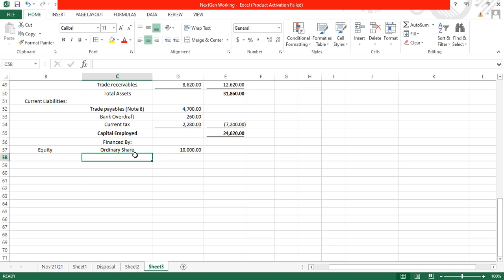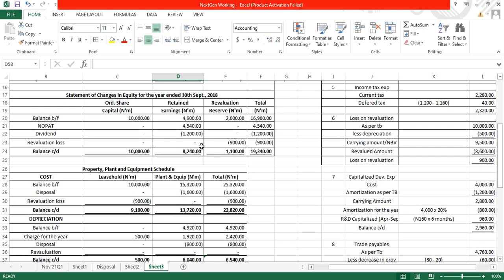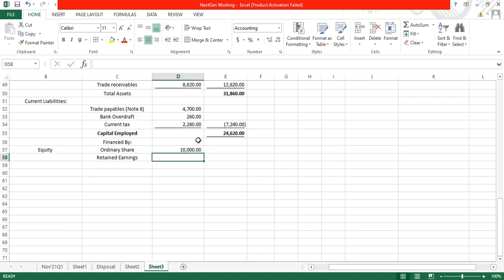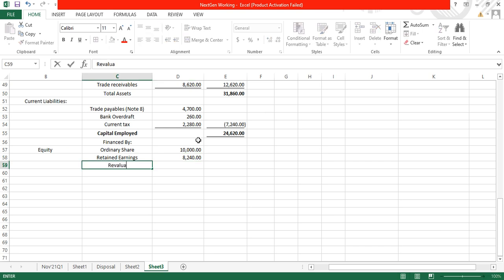So ordinary share capital is 10,000. Retained earnings, we have done the calculation, so you are just bringing the balance brought down. Retained earnings was how much? 8,240. Thank you. Revaluation surplus, 1,100. Is it surplus or reserve?